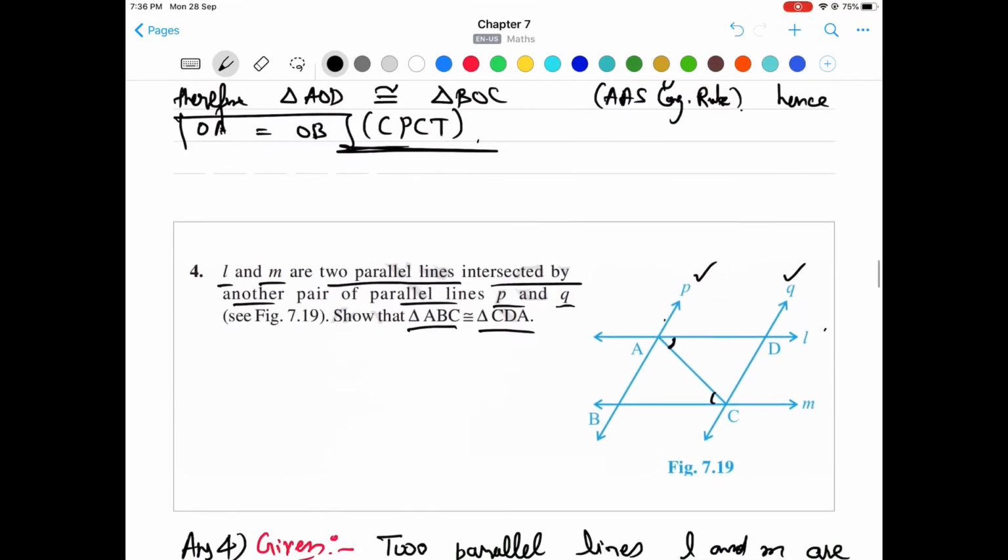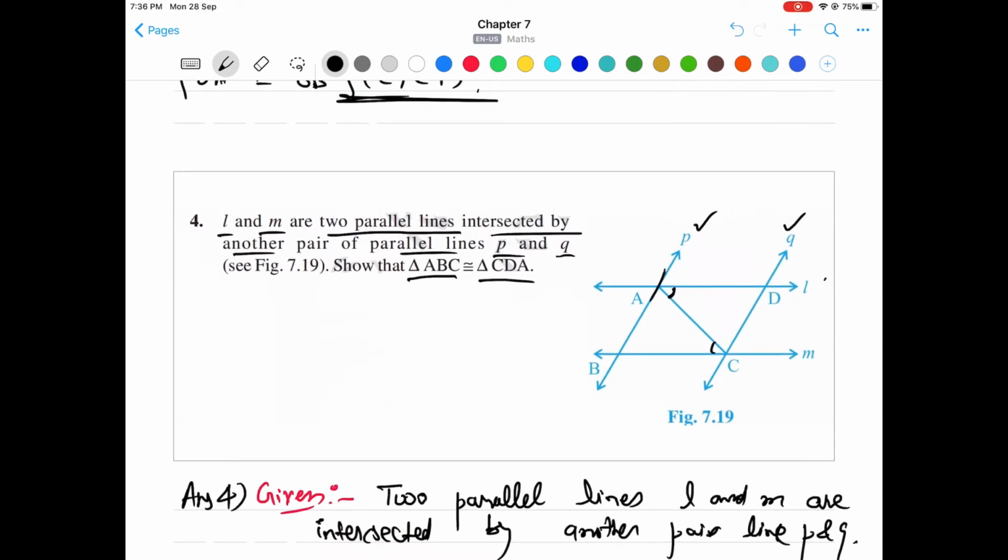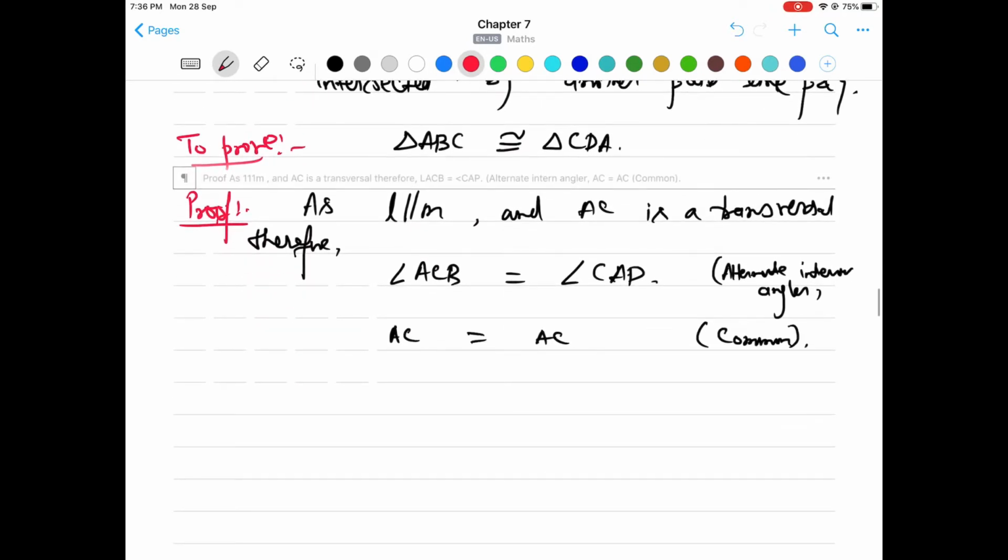Now we are taking the parallel lines P and Q. In that case, angle BAC and angle ACD will be equal.